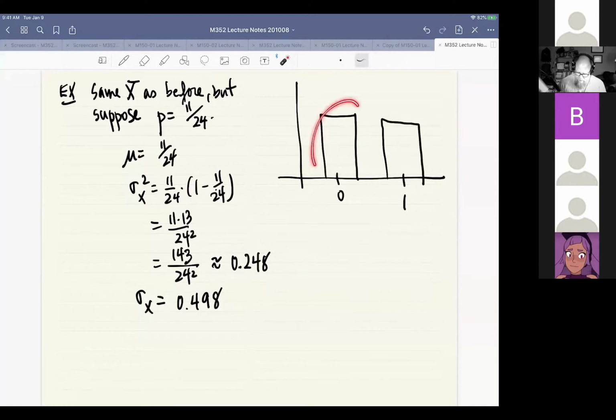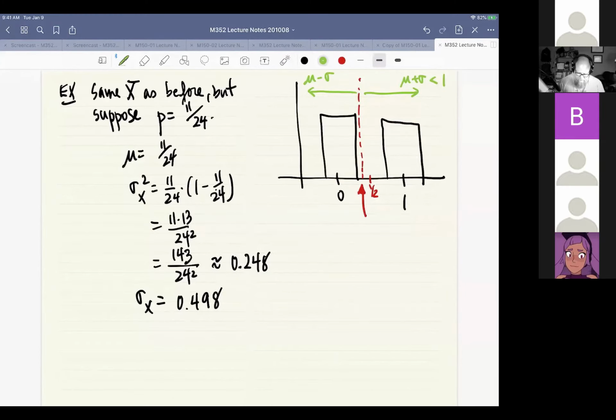So if the chance of getting tails is slightly bigger, I tried to draw the height slightly higher there. The mean, if this is a half, is slightly over this way. And the standard deviation, mu plus sigma, that's definitely less than 1.